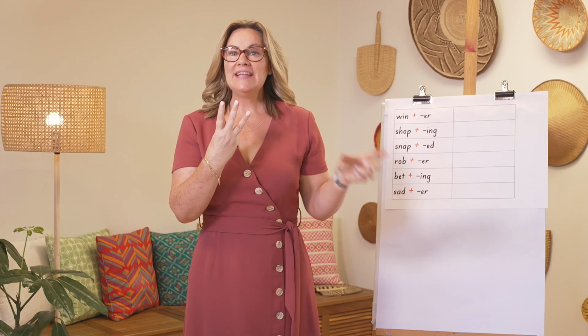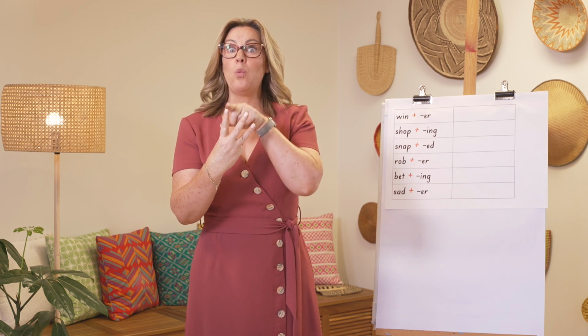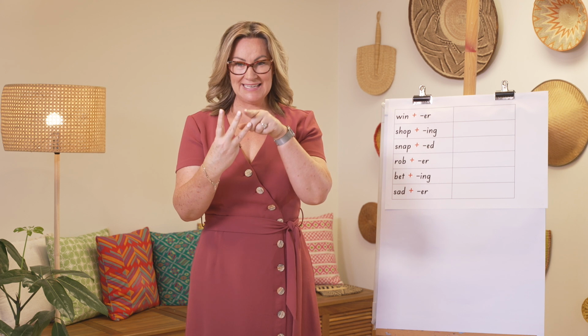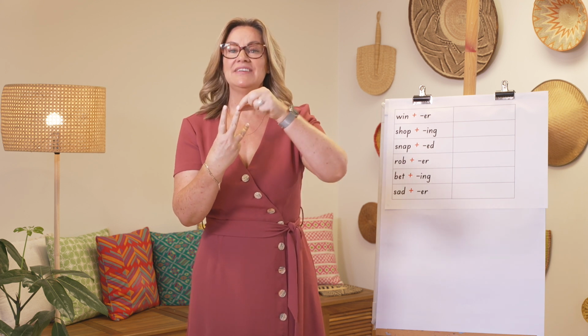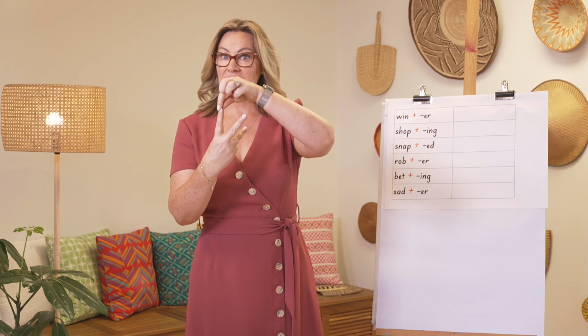When we are reading and writing these words and adding on a suffix, we need to think about these things ourselves. Is it a one-syllable word? Does this word have a single short vowel? One syllable, one single short vowel.